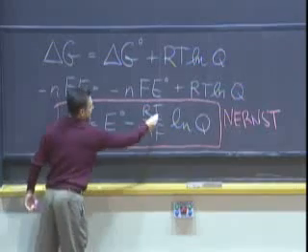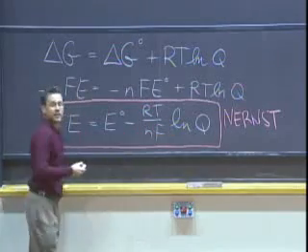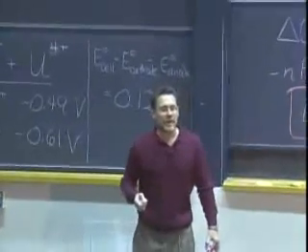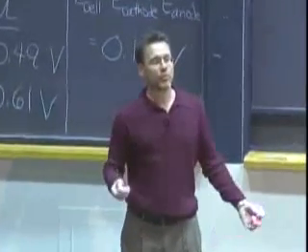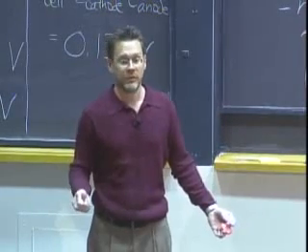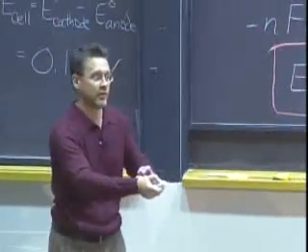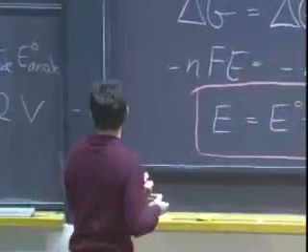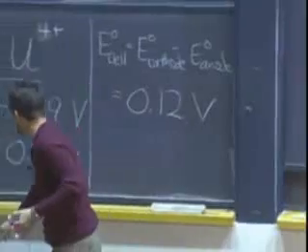You have RT over nF ln of 9, and that will give you the potential at 80% completion, which is somewhere in between 0.04 and 0, as this battery is discharged. So if you want to model the way in which a battery is discharged, you can use the Nernst equation for that purpose.